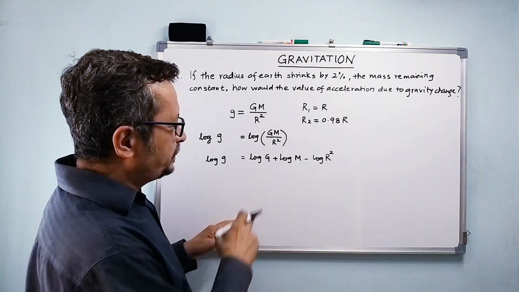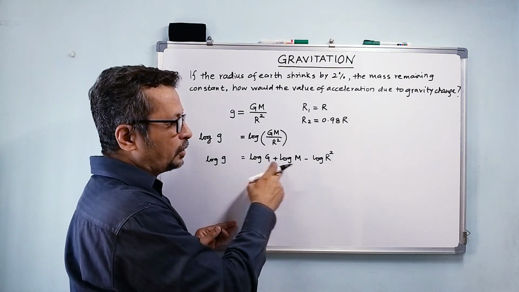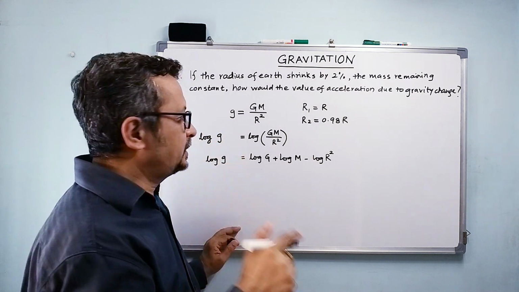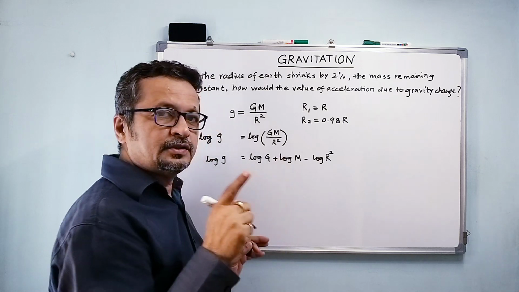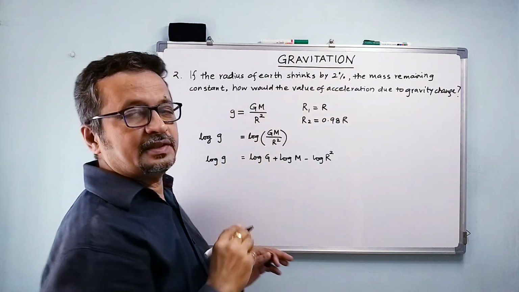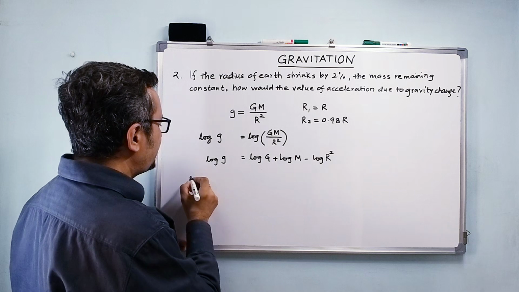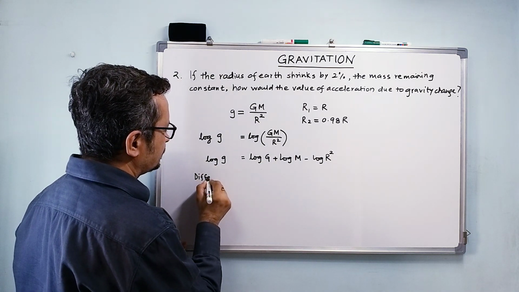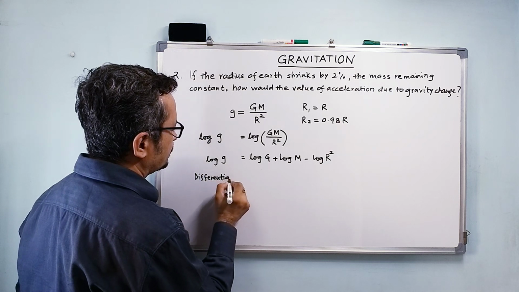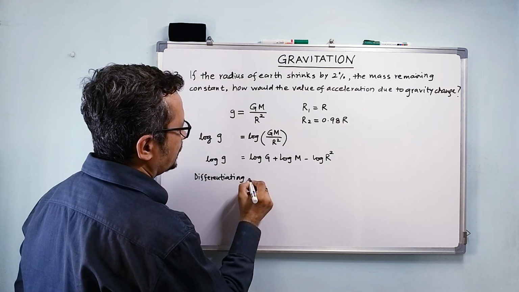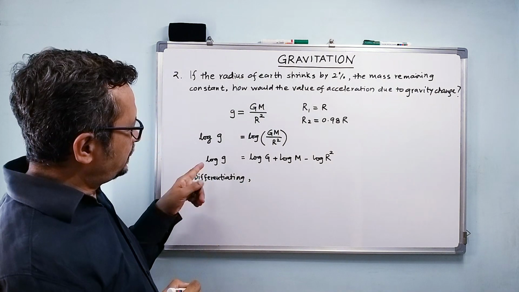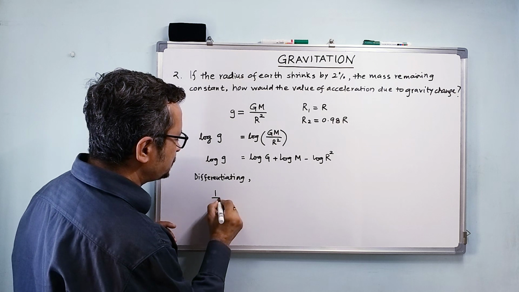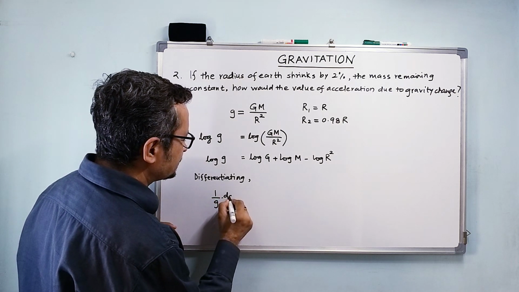Now if you see this log of G and log of M, my G is constant, it is the universal gravitational constant. Mass of Earth is constant. They have said here the mass is remaining constant. So if I differentiate both the sides, differentiating log of g, the derivative of that would be 1 upon g into dg.